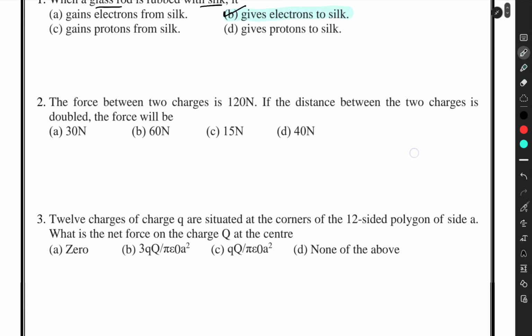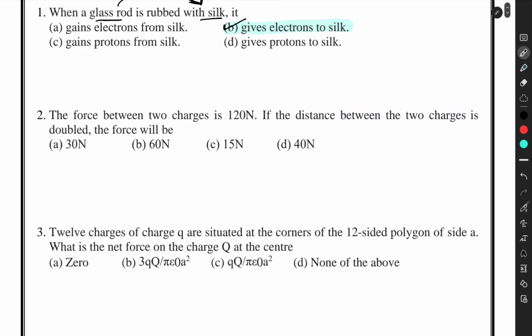Then we'll move on to the next question, a numerical based question. The force between two charges is 120 Newton. Let me write the data here. F is equal to 120 Newton. So if the distance between the two charges is doubled, the force will be, let me consider this the new force F dash, 1 divided by 4 pi epsilon naught q1 q2 by 2r, distance has got doubled, whole square.